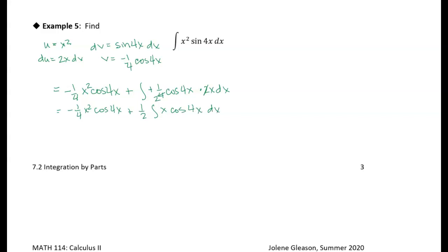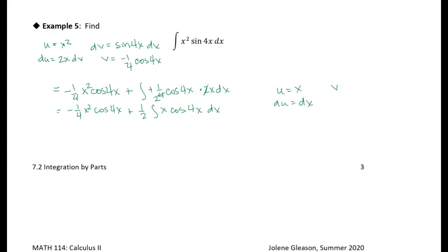All right, well, I still don't know how to do this. So oftentimes you have to apply integration by parts more than once. I'm going to do it again because I still don't know how to integrate x cosine 4x dx. So I'm going to do the same thing again. I'm going to let u equal x, so du is equal to dx.